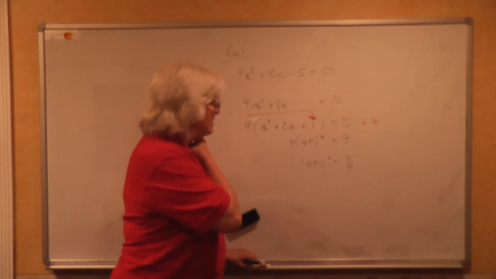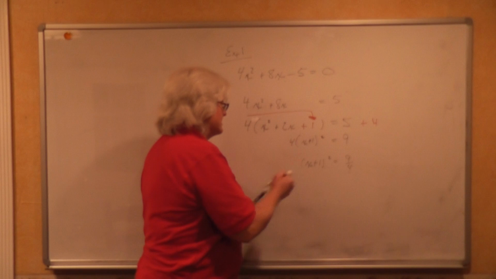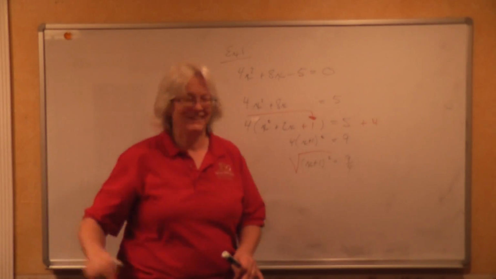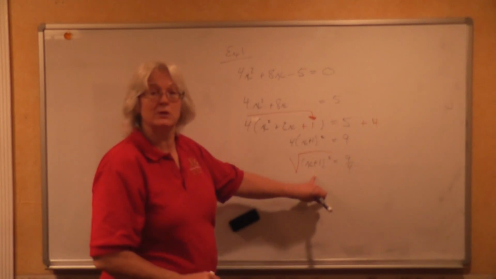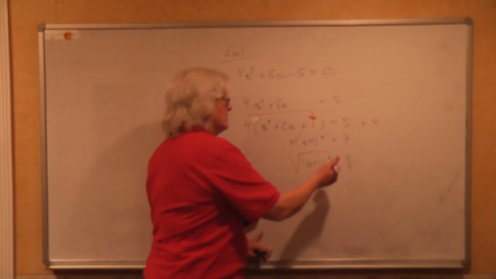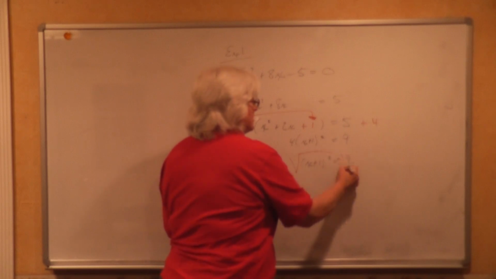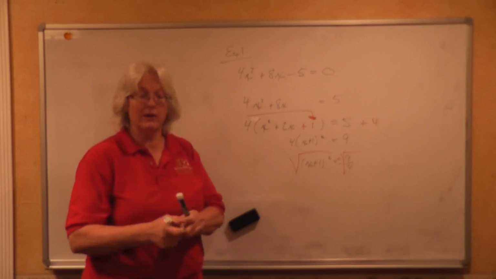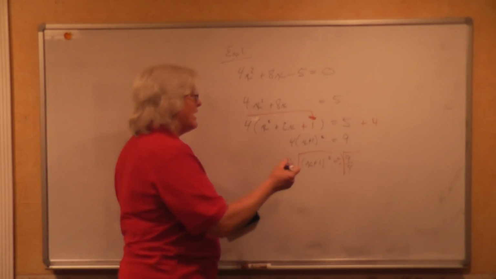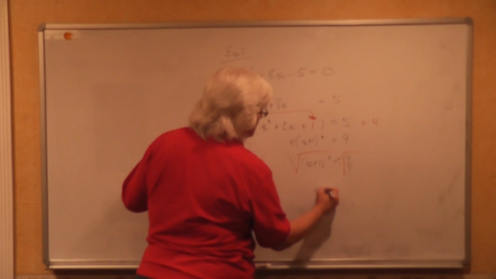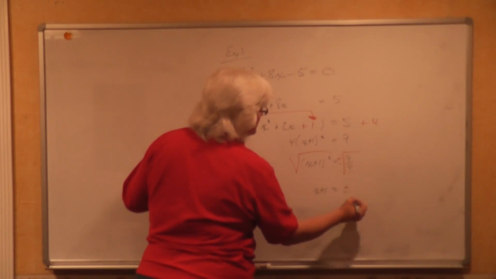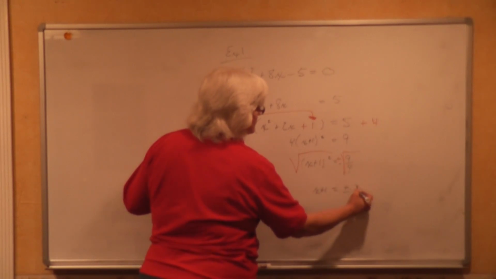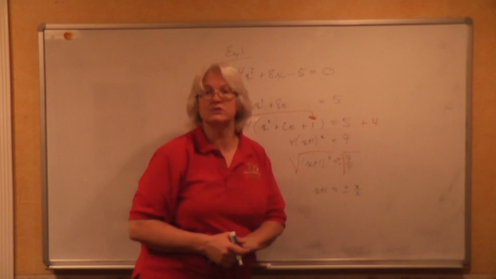I'm going to simply use this marker and say we now have the square root of x plus 1 quantity squared is equal to plus or minus the square root of 9/4. Go ahead and carry out that calculation, and you have x plus 1 is equal to plus or minus 3/2, because the square root of 9 is 3, and the square root of 4 is 2.